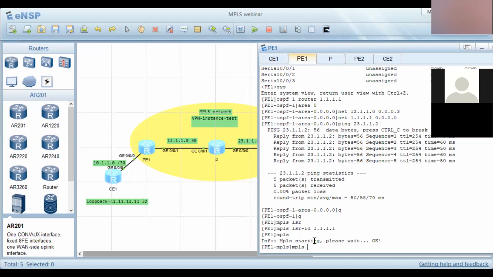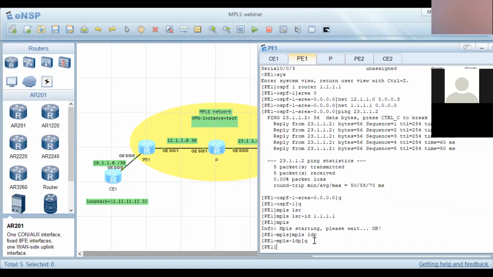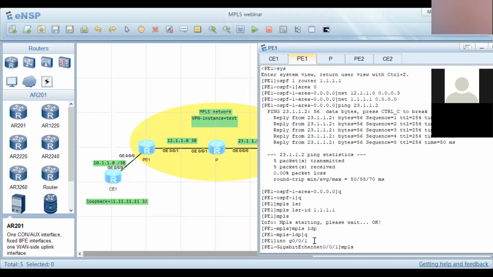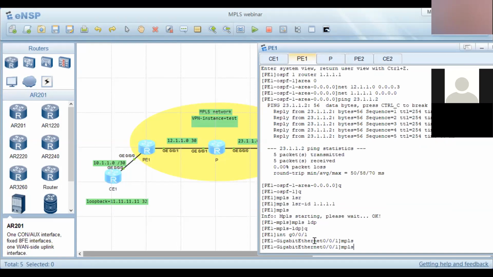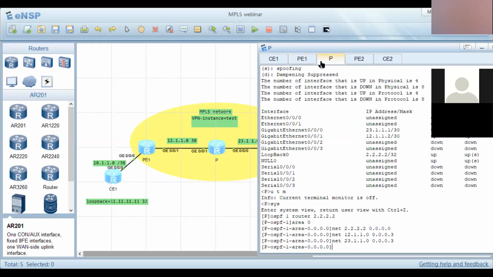We'll configure its distribution protocol, which is the dynamic one, globally. We already finished that. And on the interface that connects to the P router, that means GigabitEthernet 0/0/1, we'll configure MPLS and MPLS LDP, the label distribution protocol. We already finished the MPLS configuration on the PE router.